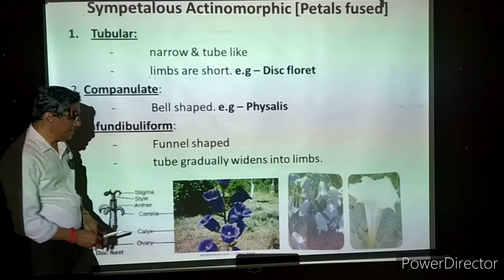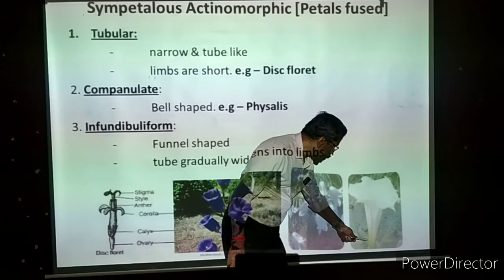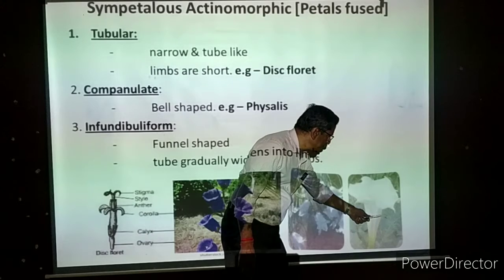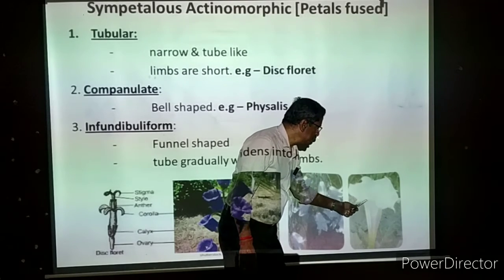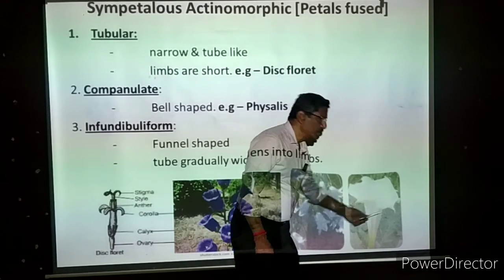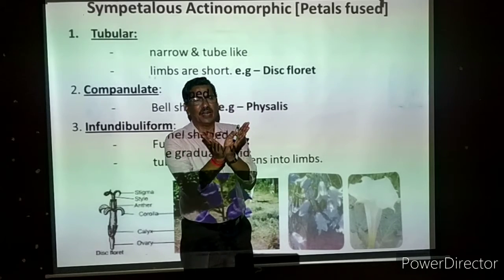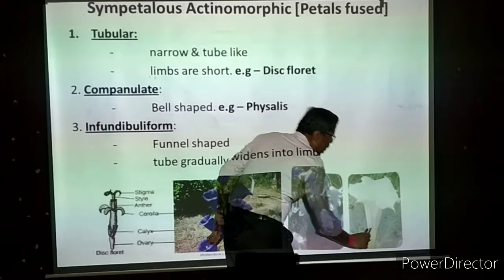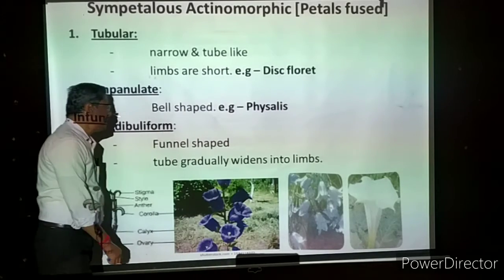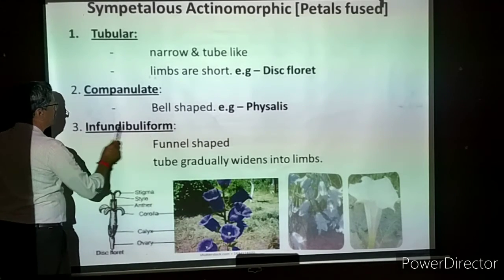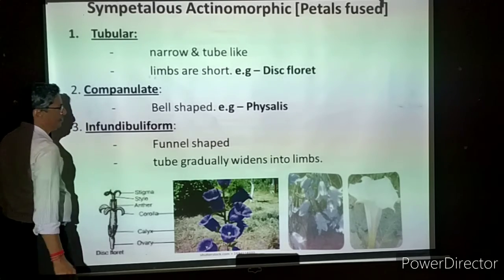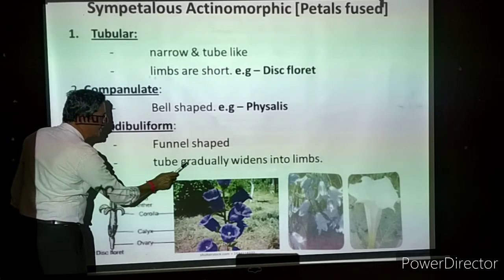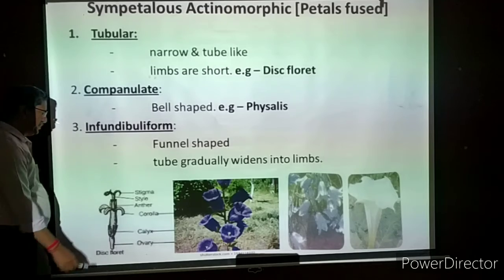Now this is the claw. The claws are very narrow, but the limbs are opened like a funnel. The whole appearance is like a glass funnel. That is called a funnel shaped, infundibuliform corolla.